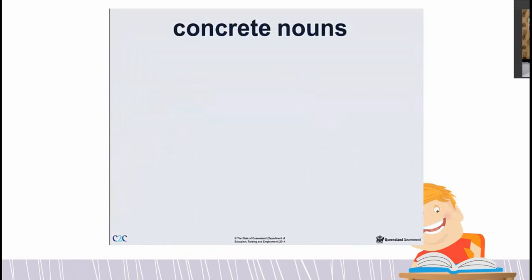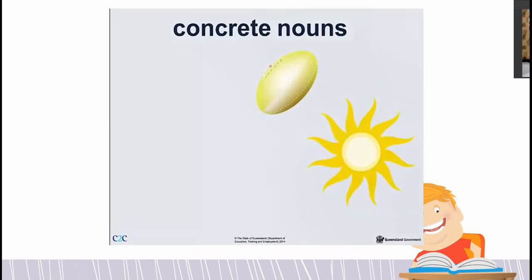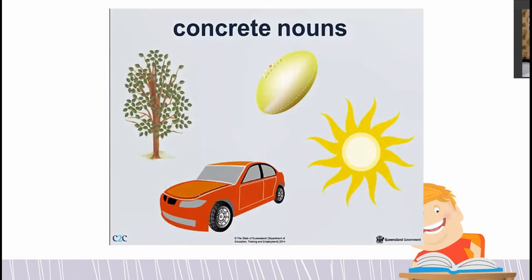Concrete can also mean solid, so think of concrete nouns as something you can see, touch, smell, hear or taste. These nouns name anything that can be experienced with our 5 senses. Ball, sunlight, car and tree are all examples of concrete nouns.